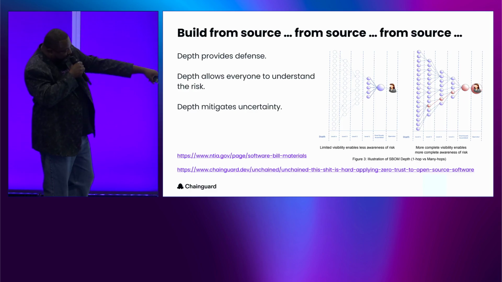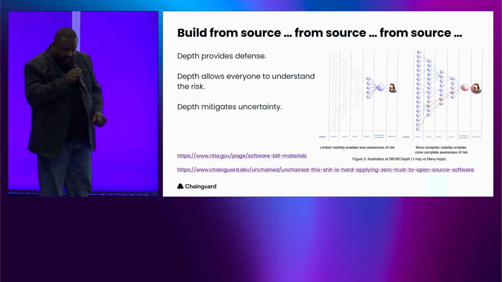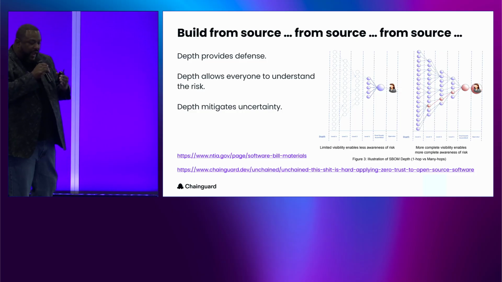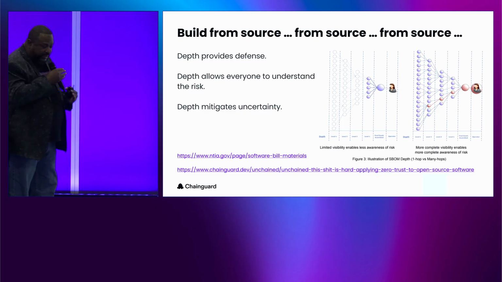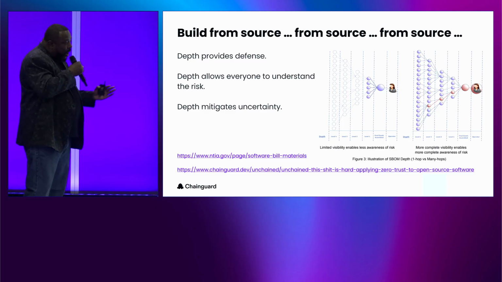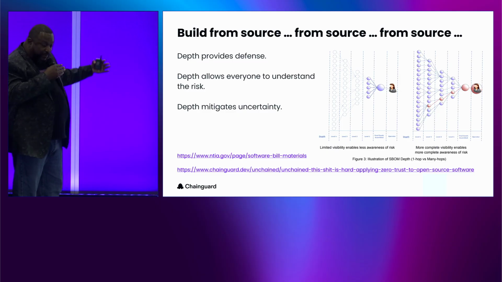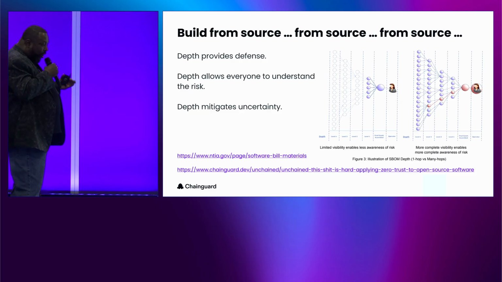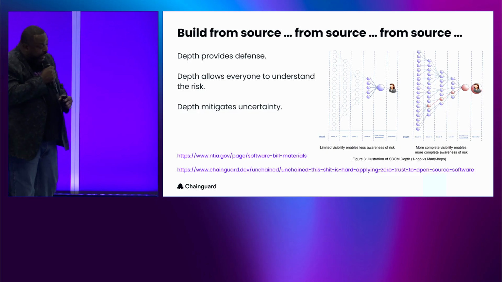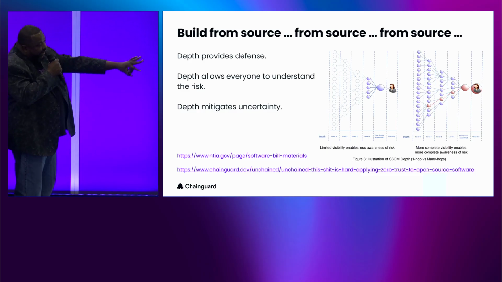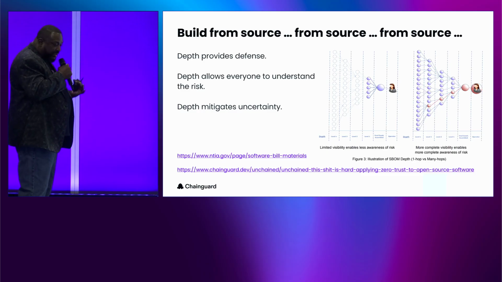And what I mean by that, if you look at the little small diagram over there to the right, you'll see that if you have very limited visibility, your awareness blinds you from risk. What we do at Chainguard is we want to expand that visibility and build all the way down to the file system itself. So depth will mitigate uncertainty, and most importantly, when you have this depth, you'll be able to trust the stuff that you build.